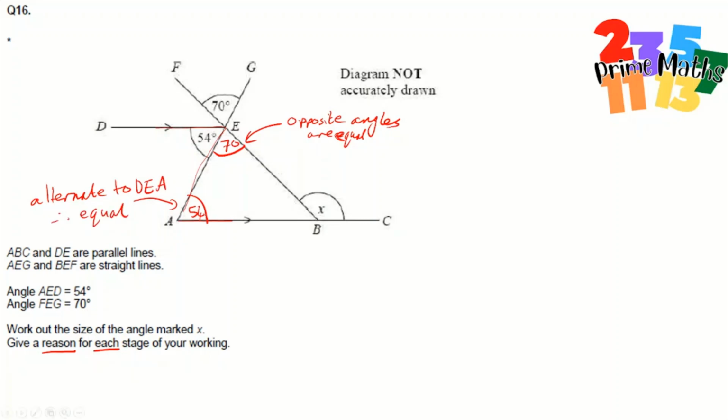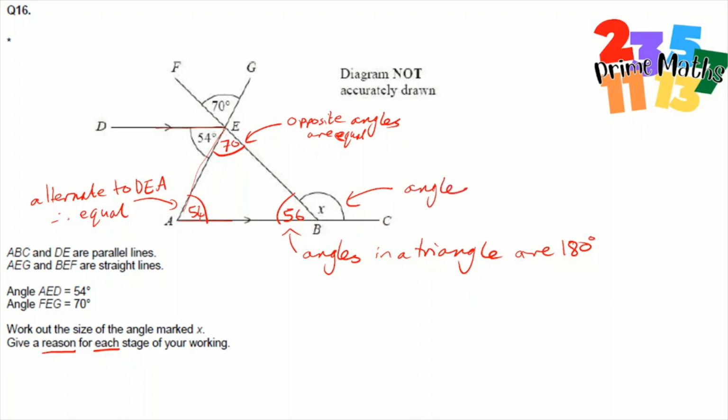We also know that angles in a triangle add up to 180, so we can work out that angle ABE is 56. Again, our reason for this is angles in a triangle are 180 degrees. We can then find our angle X. Again, angles on a straight line add up to 180.